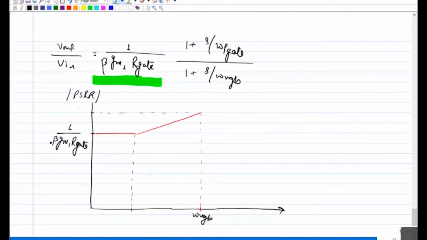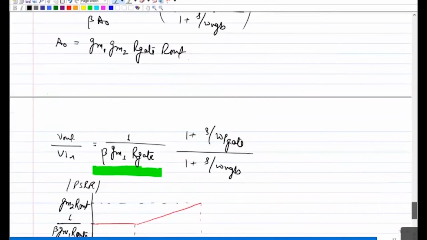Correct, you have a beta term here also in the denominator. So loop gain divided by that. So this will be nothing but your GM2 R out. Because beta GM1 R gate will get cancelled out from your loop gain. So leftover will be GM2 R out. Correct or not? Correct.